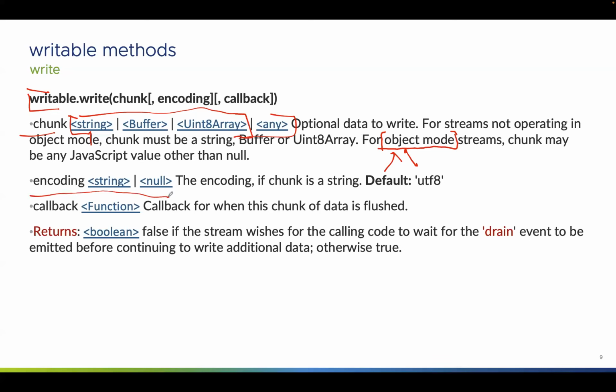The parameter encoding is a string. If you leave it as it is, the default value is UTF-8. Here we want to give you a concept: encoding, a string and a buffer. What is the difference between string and buffer? A string is kind of like a high-level object, and the buffer is a little bit lower level. So a string becomes a buffer object by using encoding, when you encode a string using a particular encoding mechanism, for example UTF-8.